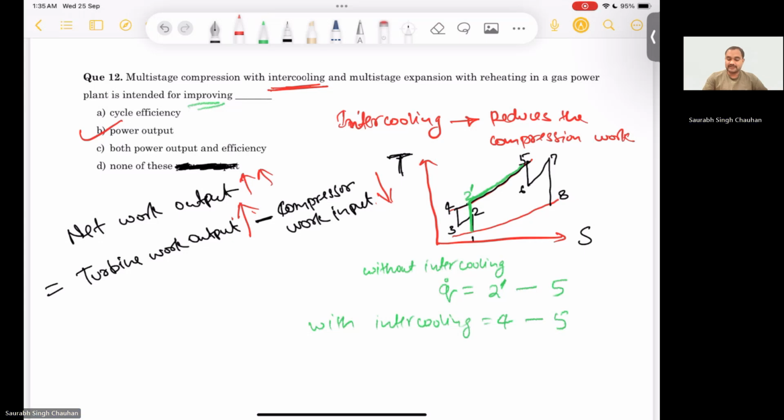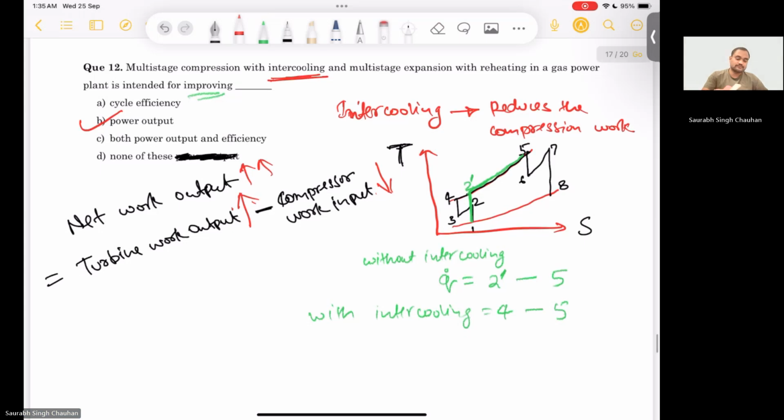Because the exhaust gases, as we discussed earlier, have a large amount of heat. So using the heat exchanger you can utilize that heat. Okay, so that heat exchanger will compensate for the efficiency. So basically the efficiency will be increased if you use the heat exchanger. Okay, I hope this is clear, and we can move to question 13.